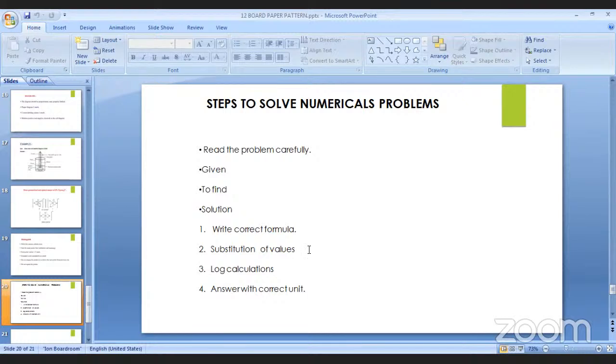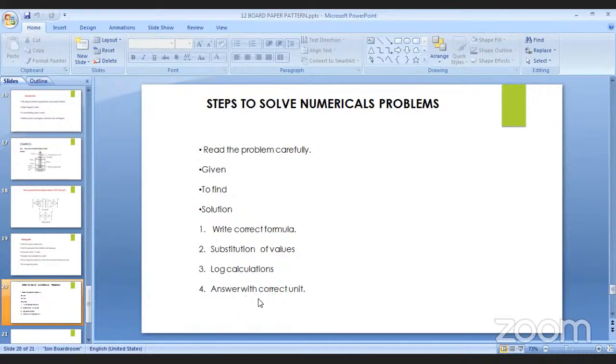In numericals, you have to solve with the help of log calculation. So you have to show the log calculation also. Don't try to write answers directly. Don't do rounding up. Whatever answer you are getting, write it that way. In decimal, write the complete answer. Don't do rounding up. Solve the numerical with the help of log calculation.